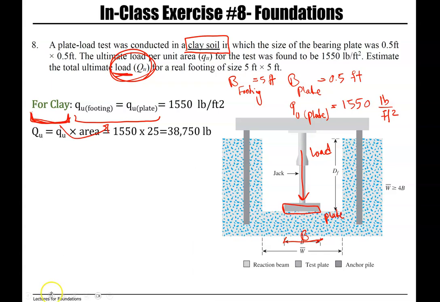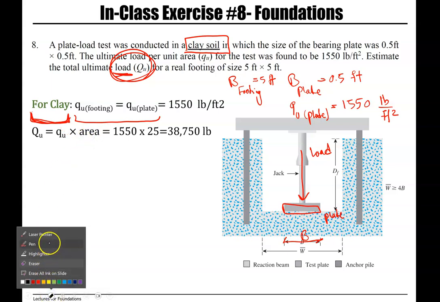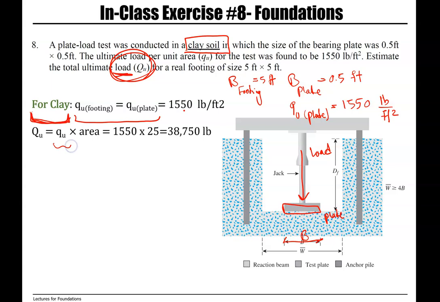So the answer to this question is when you multiply 1550 by area of footing, and the footing that we have is a square footing with a width of 5 feet. So this is area of a footing with a width of 5 feet.